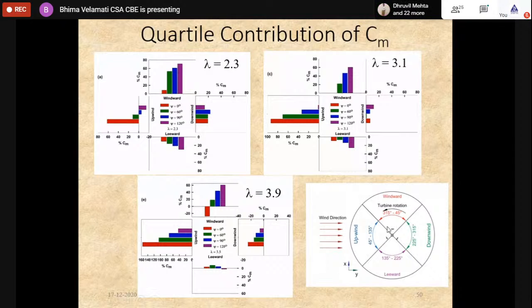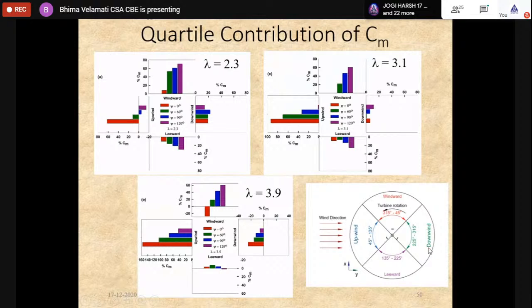We have taken the summation values. I have a turbine, wind direction is in the y direction, and you divide the whole rotation into 4 parts: upwind, leeward, downwind, and windward. These are just terms. The upwind section is where the turbine will come in contact with wind.